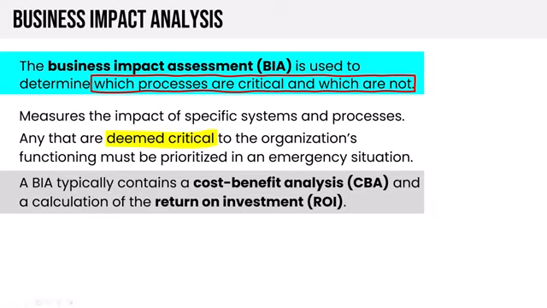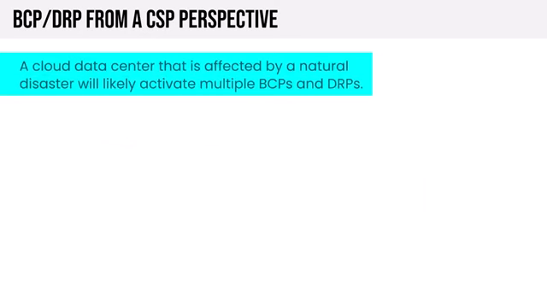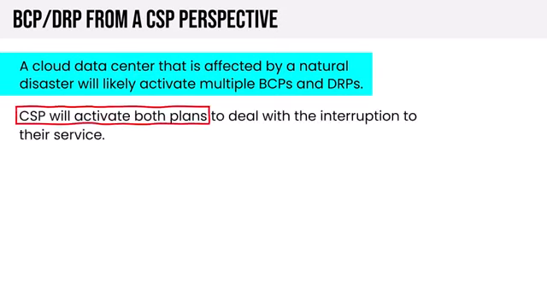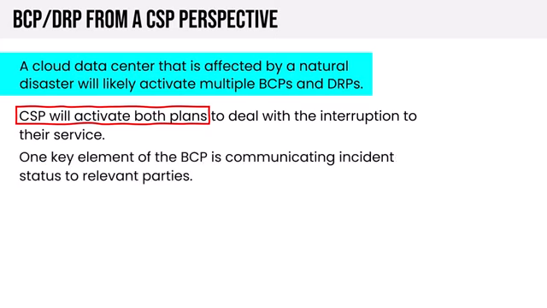And just pivoting to look at business continuity and disaster recovery from a CSP perspective, a cloud data center that's affected by a natural disaster will likely activate multiple BCPs and DRPs. A CSP will activate both plans to deal with the interruption to their service. Now, one key element of the BCP is communicating incident status to relevant parties.